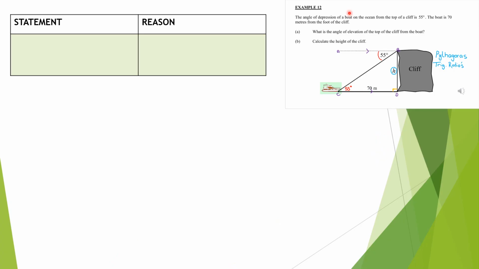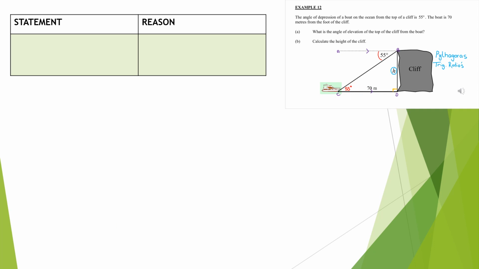Alright, first question, what is the angle of elevation of the top of the cliff from the boat? So between the boat and the top of the cliff, the angle of elevation, that upward measuring angle, is 55 degrees. We know that, but we got to that using the alternate angles. Okay, so this angle ABC is equal to angle C, and so we write it as follows.